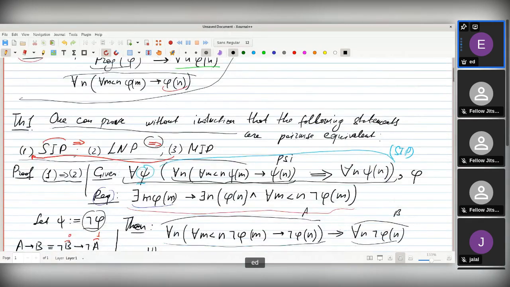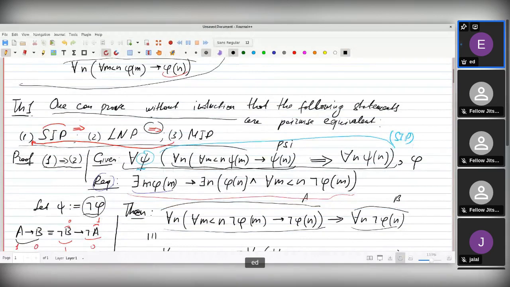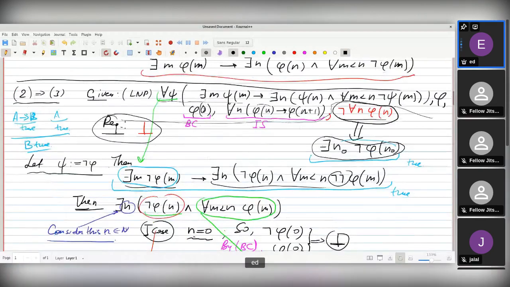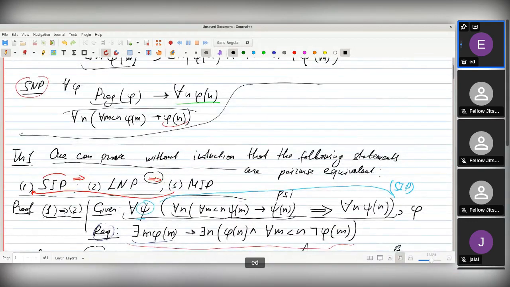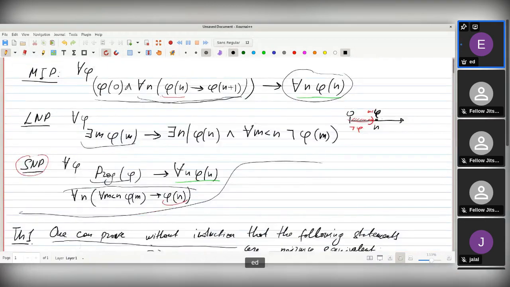That is enough for these two implications, from 1 to 2 and from 2 to 3. Please notice that in both these cases, we have changed phi to not phi. Because this least number principle is, one may say, a contrapositive form of induction. And practically, this boils down to the fact that you generally need an argument from the contrary.